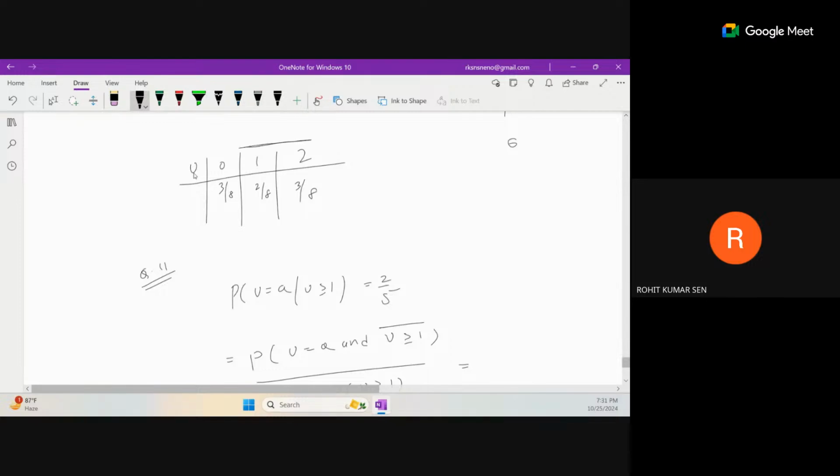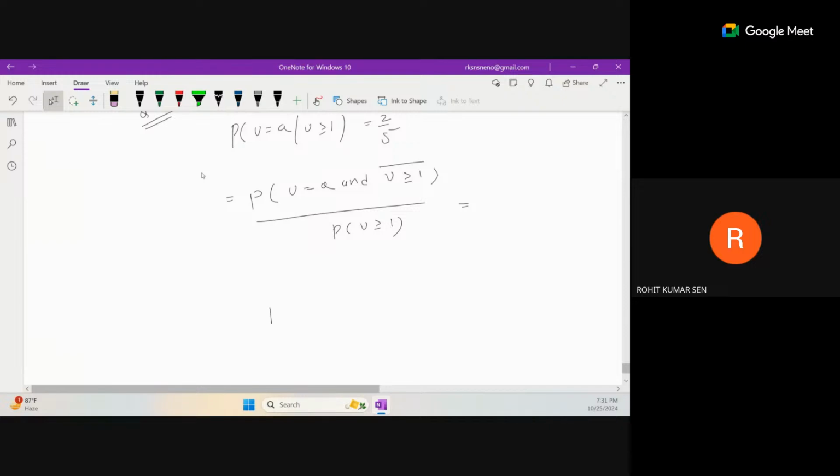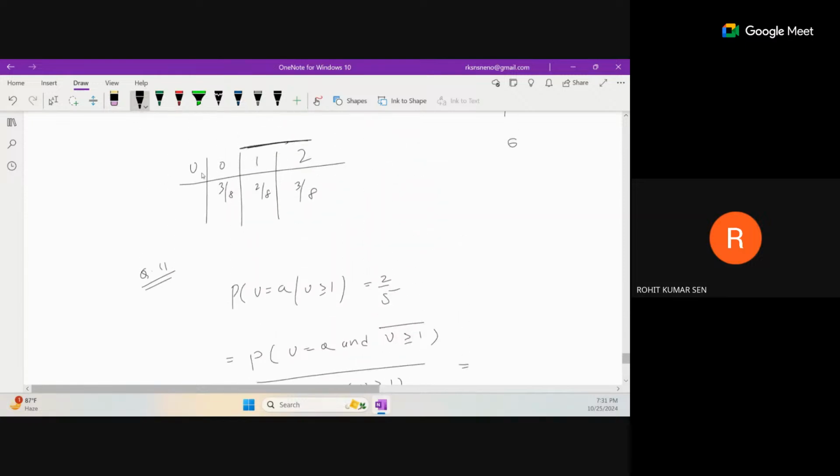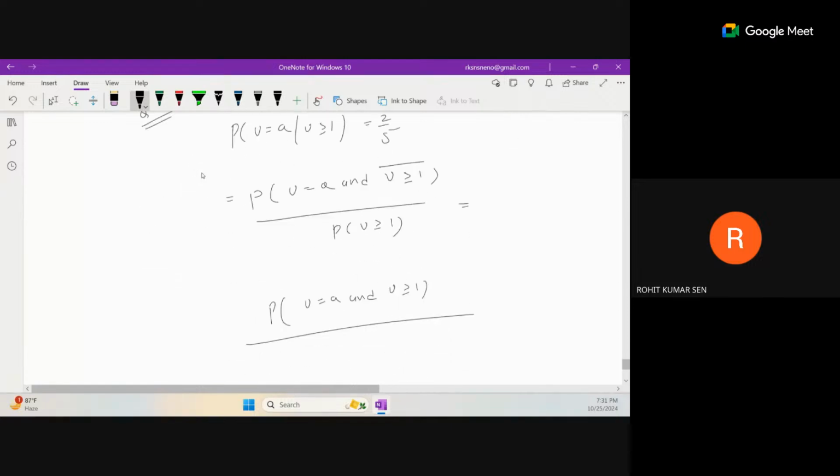So U can be 1 or it can be 2, divided by the probability of U greater than or equal to 1. These two values, 3 plus 2, make 5 by 8. And it is also given that it is equal to 2 by 5.